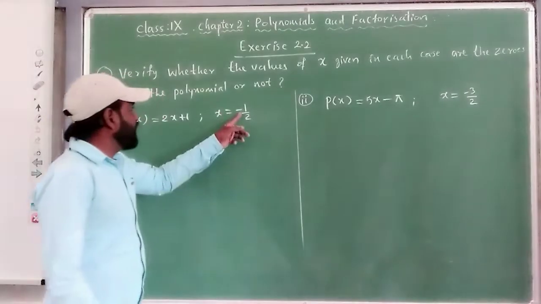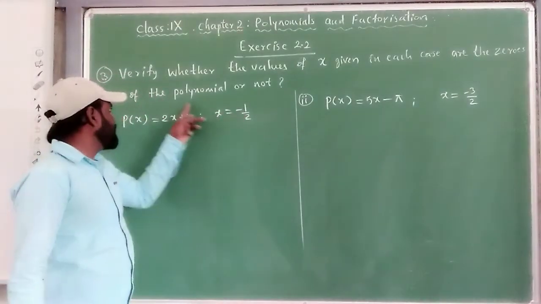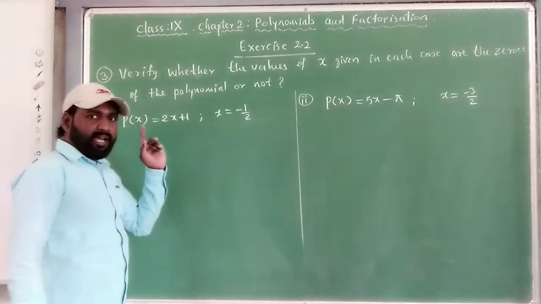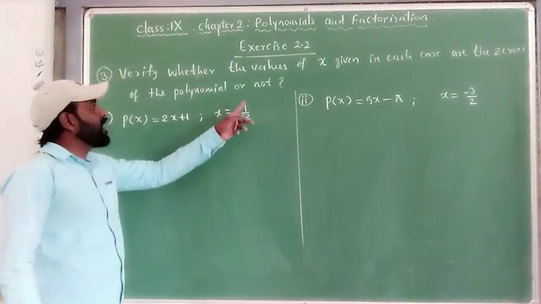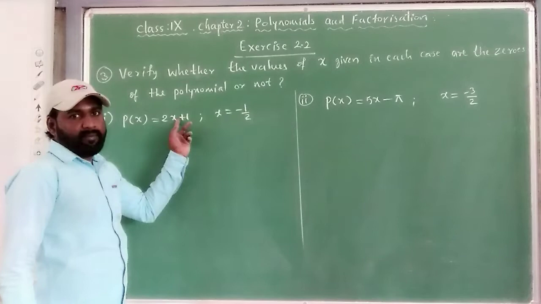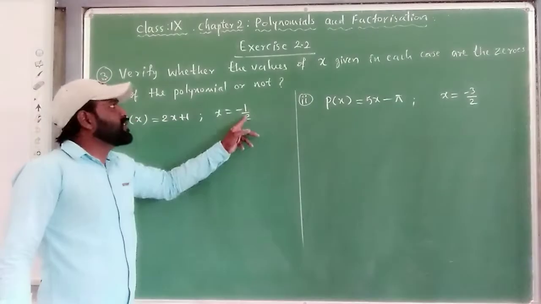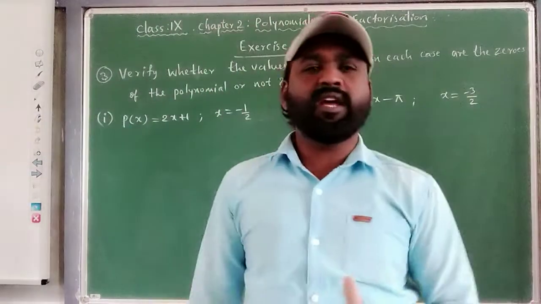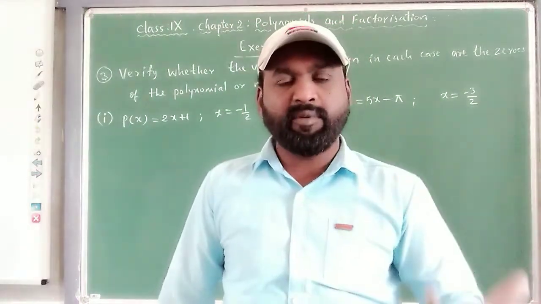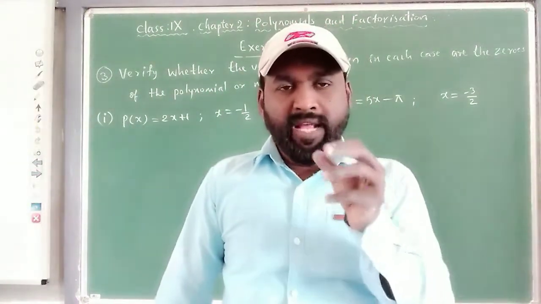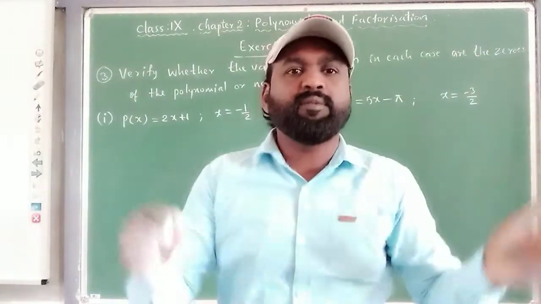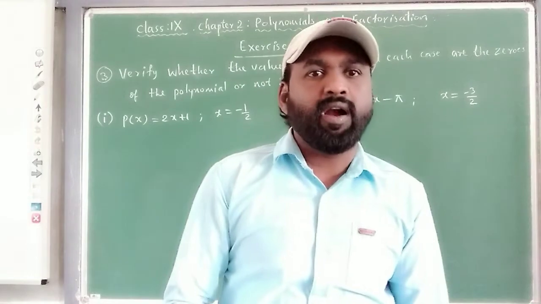That means if you substitute minus 1 by 2 in place of x in this polynomial, and the total value becomes 0, then this is called a zero of the polynomial. If not, this is not a zero of the polynomial. A zero of a polynomial means the value of the variable for which that entire polynomial becomes 0.